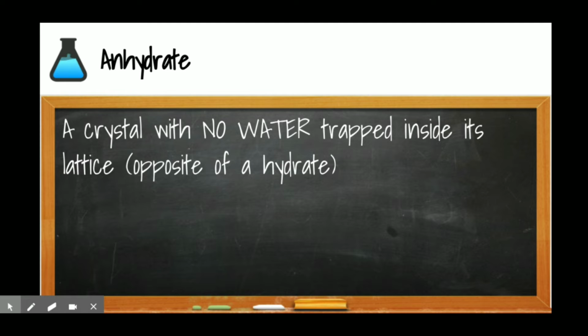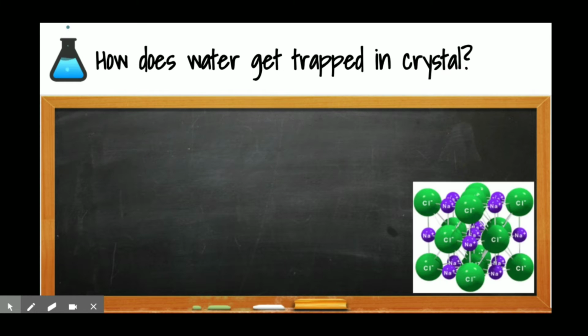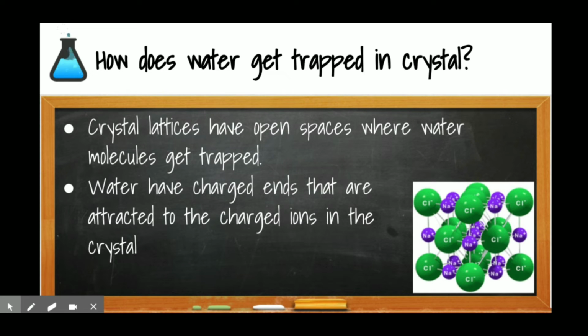An anhydrate is the vocabulary word that describes a crystal that has no water trapped inside of it. So here you can see a crystal structure, and there are spaces in between where water could be trapped inside.